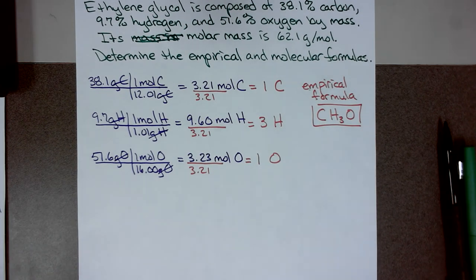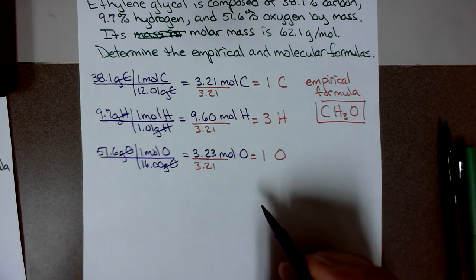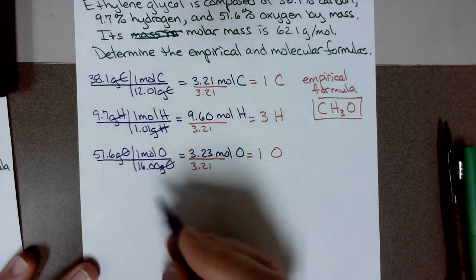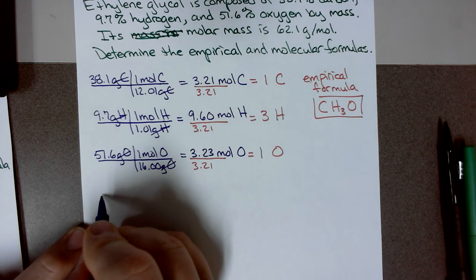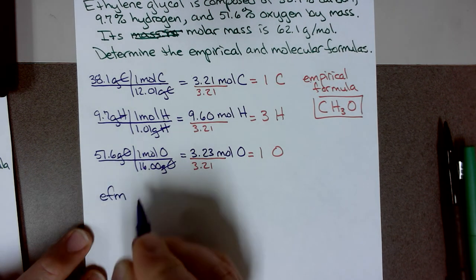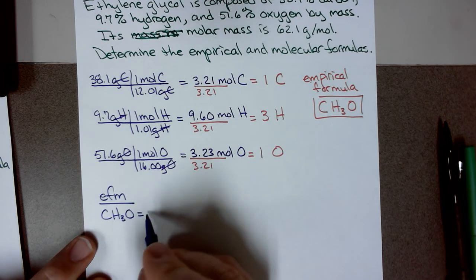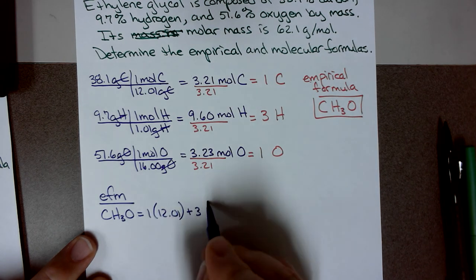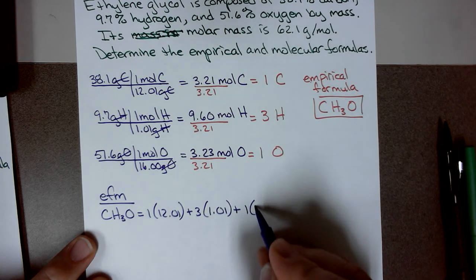So now I've determined my empirical formula. I have to determine the molecular formula in this case, and remember, to do the molecular formula we have to figure out the whole number multiple. The first thing we need to determine is the empirical formula mass, or EFM. The EFM for CH3O is equal to 1 times 12.01 plus 3 times 1.01 plus 1 times 16.